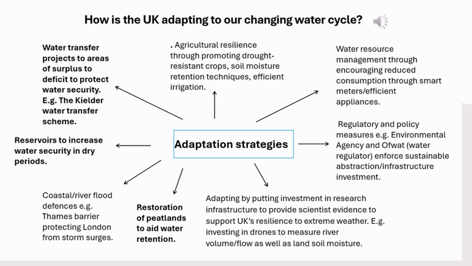It's also important to individually help and prevent it changing further. We can reduce our consumption with new technology measures and more efficient appliances. There's reservoirs which can increase water security, and regulatory and policy measures, and investing in research infrastructure to help ensure that we can adapt. Coastal and river flood defences and restoring peatlands can reduce flood risk and reduce the damage caused by it.